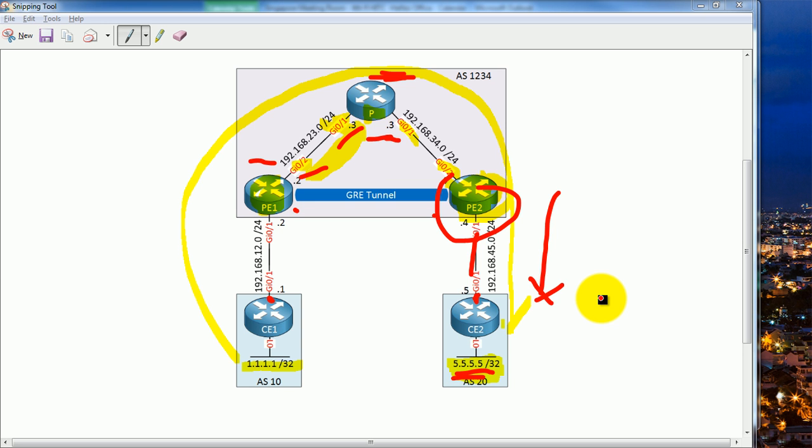It will remove the label on forwarding to P1. P1 can then forward the IP packet without a label using its routing table to CE1.